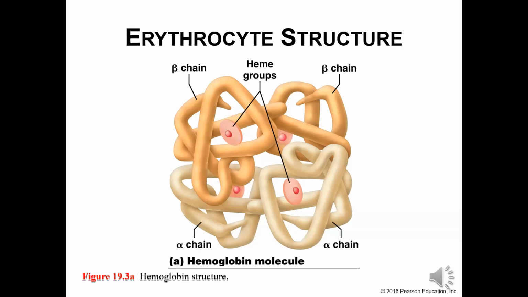So anyway, these are your 4 polypeptide chains, each with a heme group attached in the middle of each polypeptide chain, 2 alpha chains and then 2 beta chains. The dark orange and the light beige color is basically the 2 alpha chains. And the heme group, which carries only the oxygen molecules via the iron molecules, is basically right in the middle of each of these polypeptide chains.